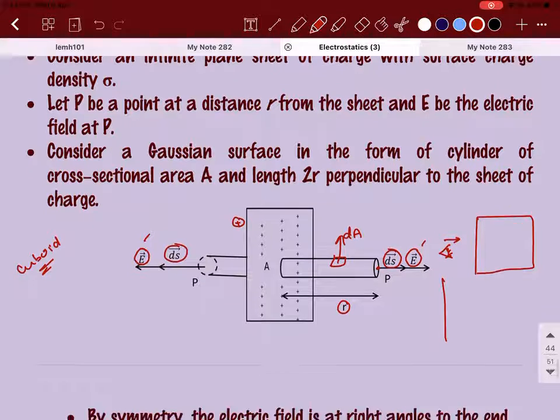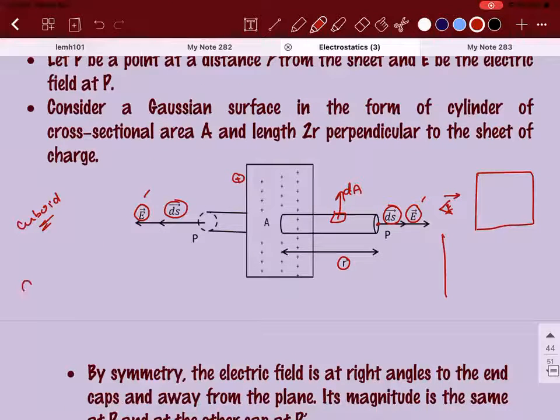So how many fluxes will come out? Flux through flat surface 1 plus flux through flat surface 2 plus flux through the curved surface should be equal to 1 by epsilon naught times the charge enclosed, accepted. So that's what Gauss law says.